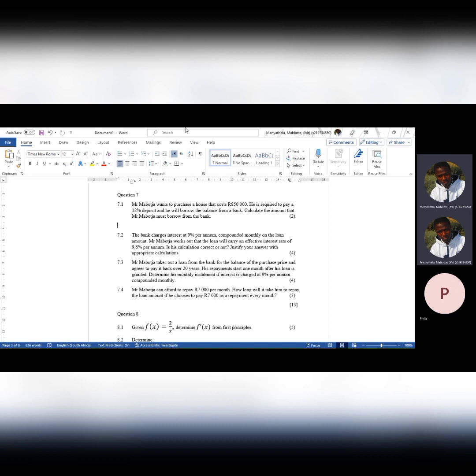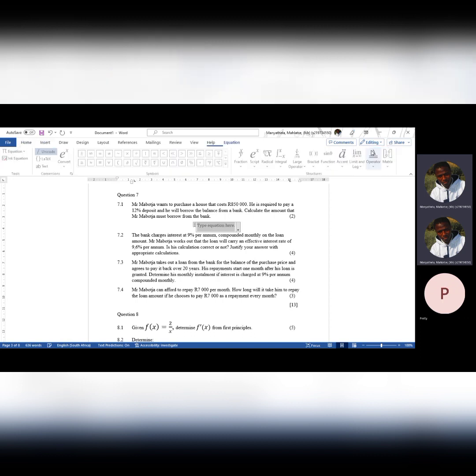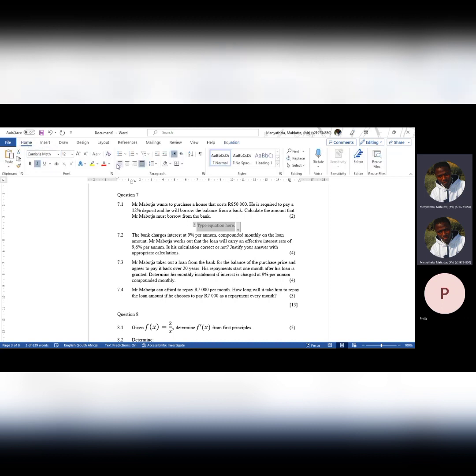So once you see a question like this, if it's a deposit, we are going to subtract the deposit percentage from 100%, because it always increases or decreases from 100%, right?